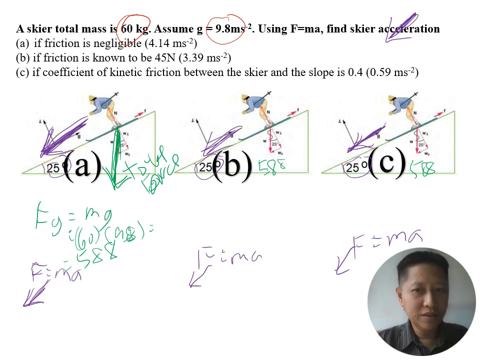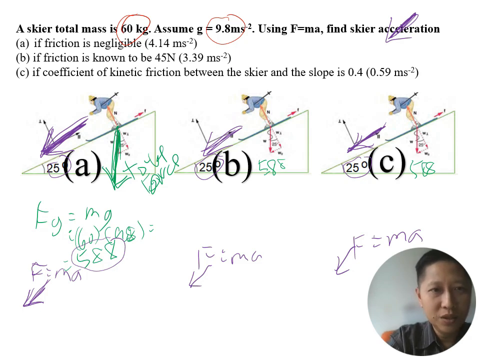We have the only force, the gravity force, 588, but it's not in the 25-degree purple color direction, which means we need to use sine or cosine to resolve it into this direction.